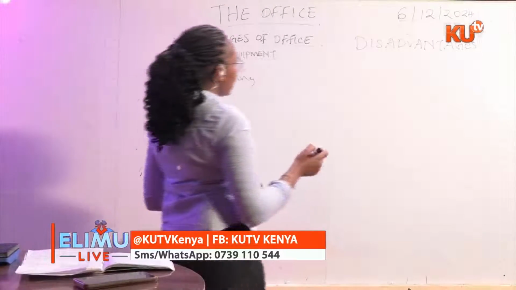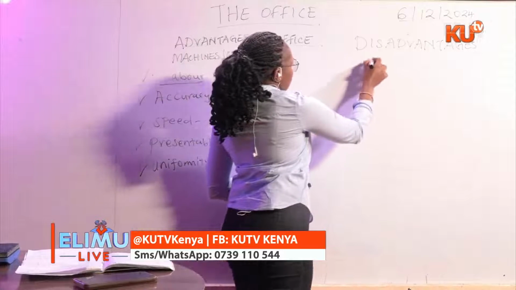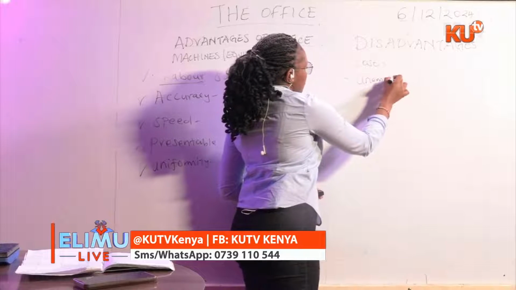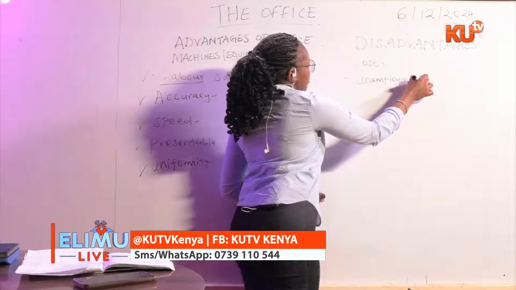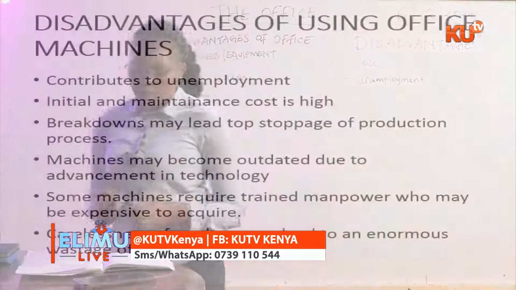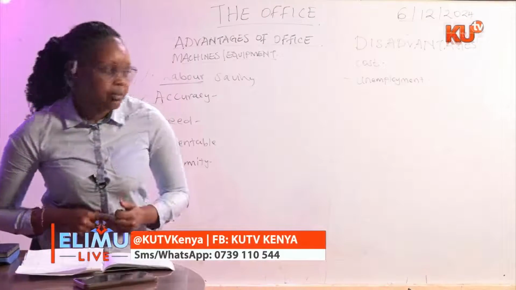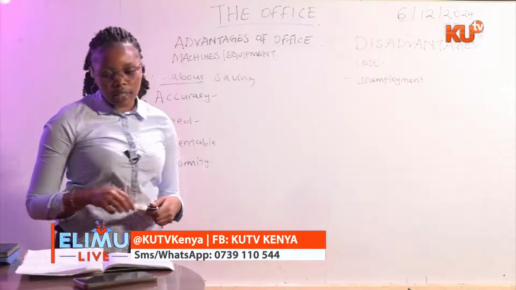Number 2, we have unemployment. Since we looked at the advantages and saw that machines help us in saving labor, whereby few people are employed in an organization, it means that most of the work that could be done by human beings is now done by machines, hence leading to unemployment.